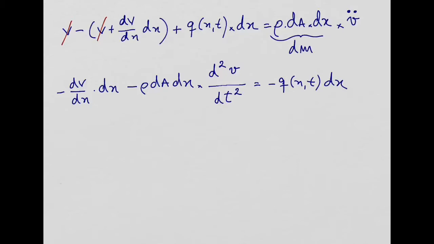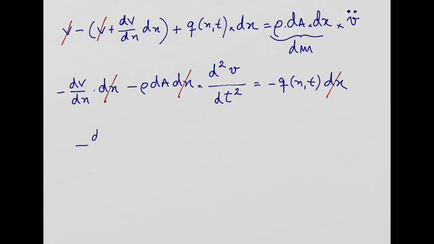Right? So nothing special I did in this step. I'm just organizing the terms, simplifying a bit. Some terms cancel here. I can simplify even a little bit more. If I divide the left-hand side and right-hand side by dx, these dx cancel, right? So I can make it even a bit simpler.